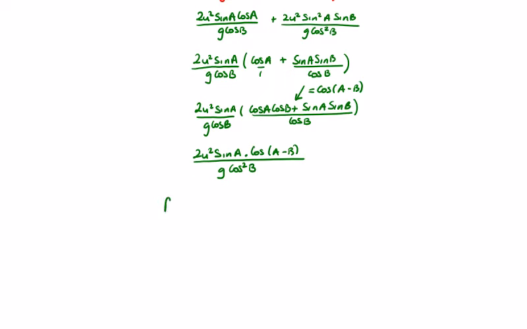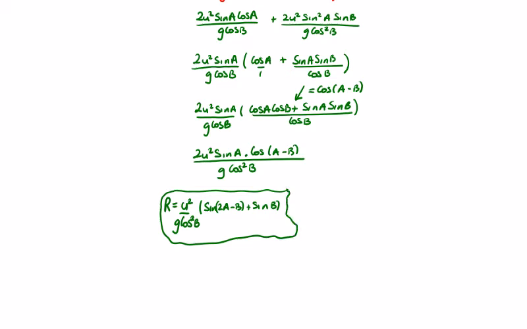So if we jot down what they're looking for the range to be: u squared over g cos squared b, which we nearly have, times sin of 2a minus b plus the sin of b. This is the answer. So for any of these really tricky questions, write down the answer when you get to this point. You should see that if we factor out u squared over g cos squared b, that will leave us with sin a times the cos of a minus b.